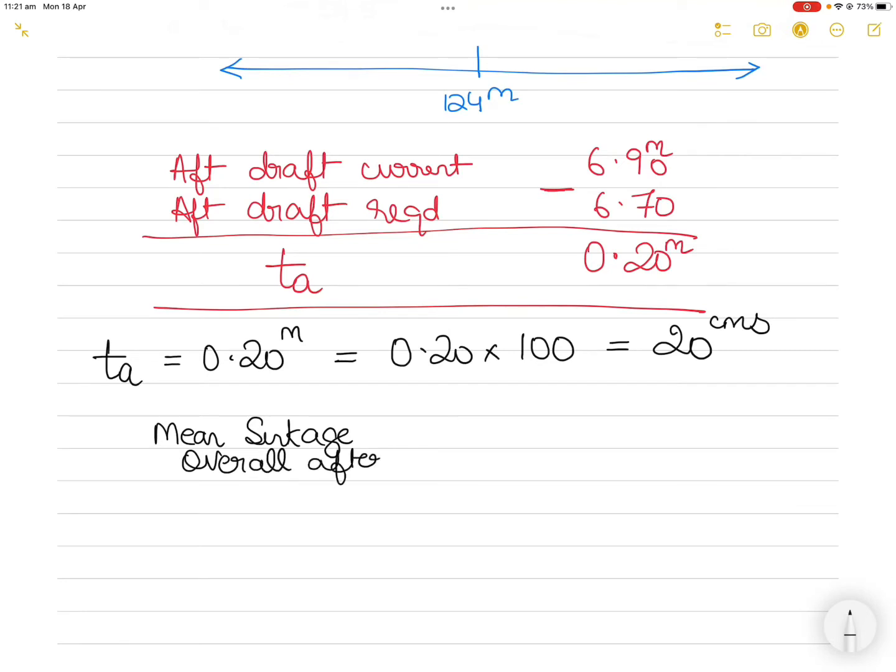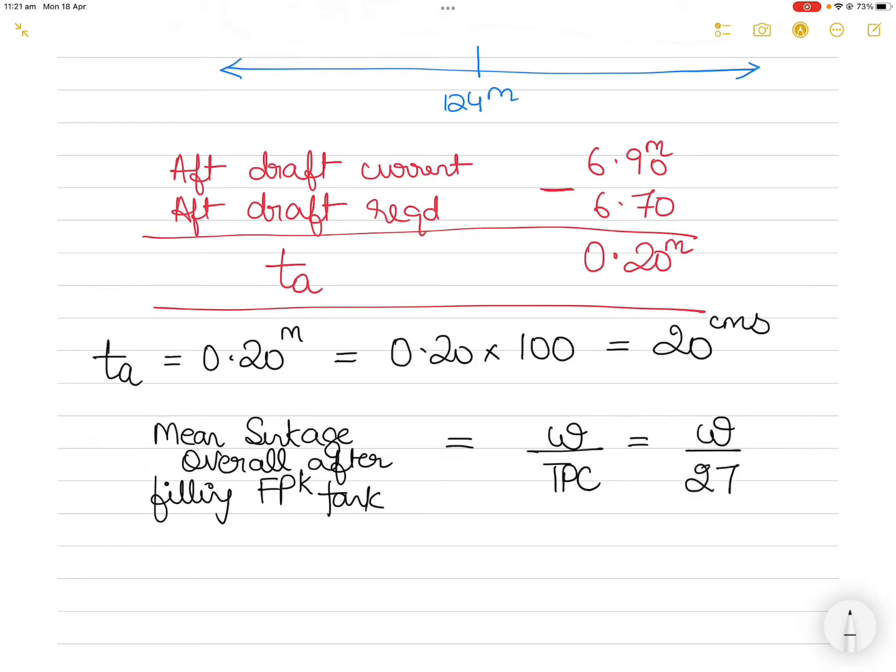After filling the fore peak tank, I don't know the weight yet, so I will call it W divided by TPC. This W divided by TPC is given to me as 27. This is going to be the overall mean sinkage of the vessel, correct?